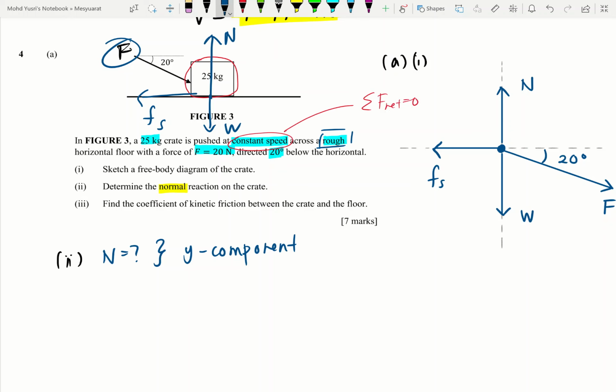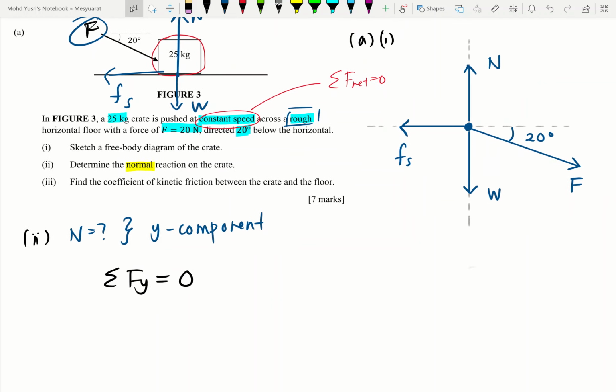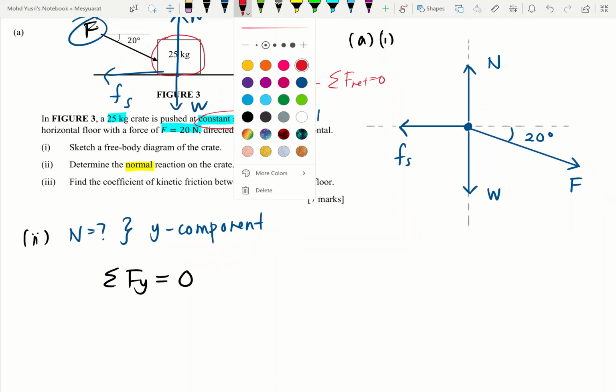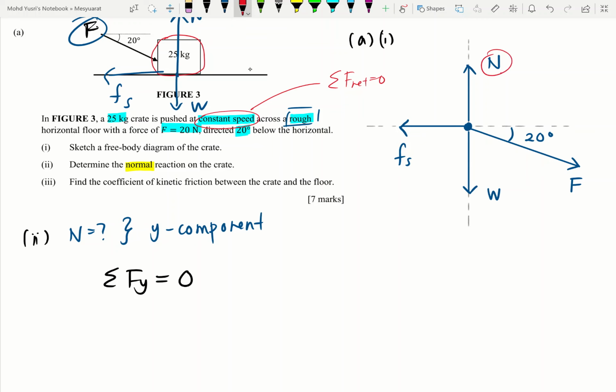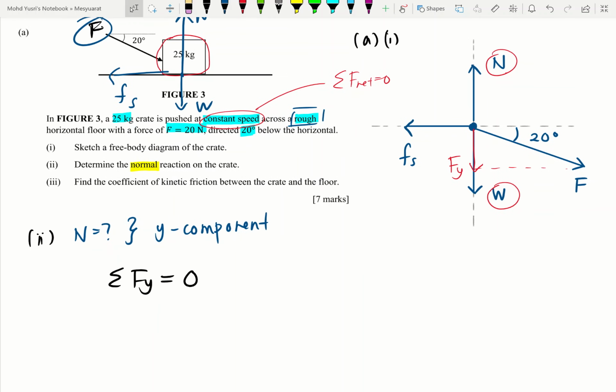Okay, so kita akan tengok forces pada Y component saja. Okay, so forces pada Y component, sum of Fy is equals to 0. Okay, so ada 3 force yang ada pada Y component. Yang pertama sekali N, W, yang kedua dan yang ketiga, jangan kita lupakan vector F, the Y component of vector F.